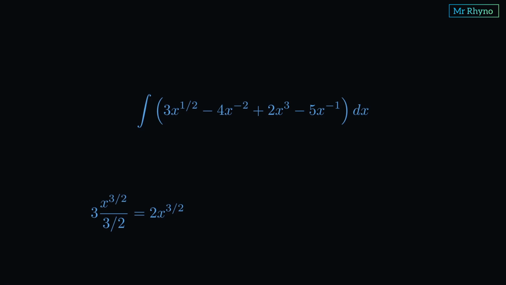First term, 3 times x to the 3/2 over 3/2 equals 2x to the 3/2. Second term, negative 4 times x to the negative 1 over negative 1 equals 4x to the negative 1, which is 4 over x. Third term, 2 times x to the fourth over 4 equals x to the fourth over 2.